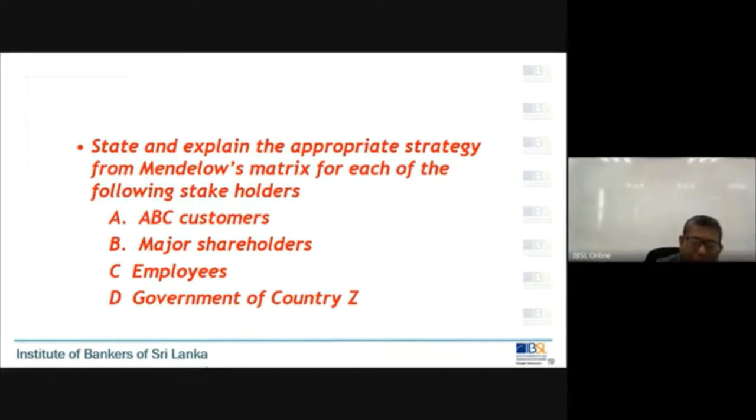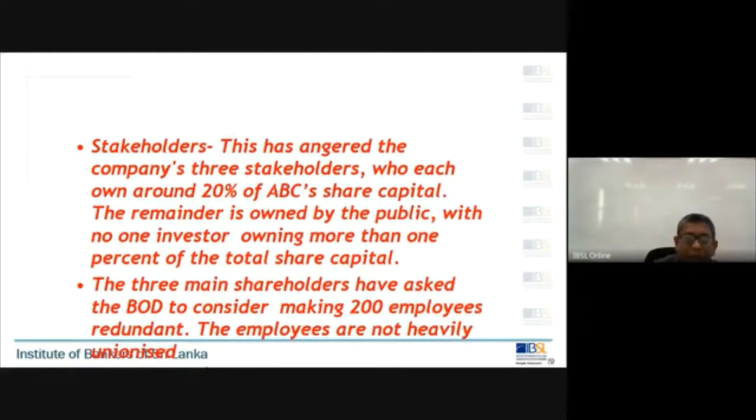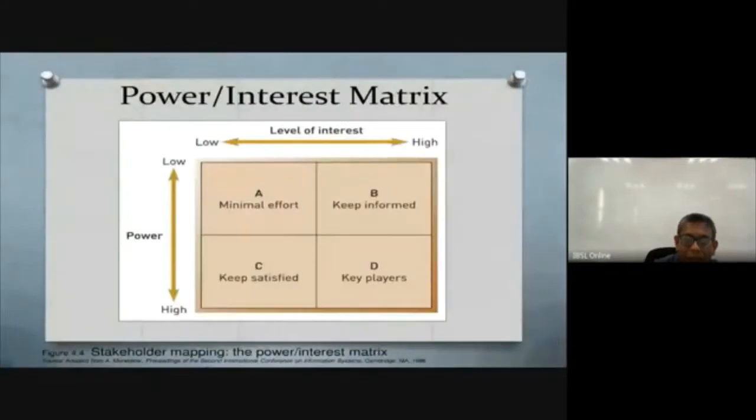What do you think about the ABC customers? Which quadrant are you going to put them in? ABC shareholders? Which quadrant are you going to put them in? So now the question is asking, you have identified 4 types of stakeholders in a business organization.